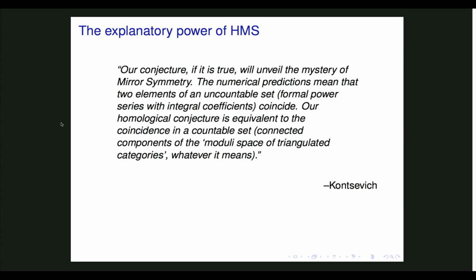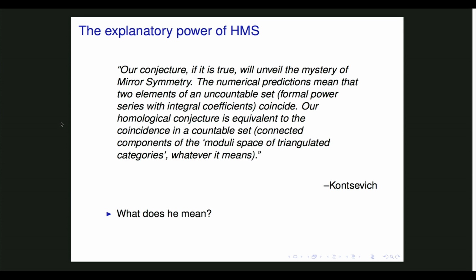First I had this quote from the paper where Kontsevich introduced homological mirror symmetry. He said, "Our conjecture, if it is true, will unveil the mystery of mirror symmetry. The numerical predictions mean 2 elements of an uncountable set coincide. Our homological conjecture is equivalent to coincidence in a countable set of connected components of the moduli space of triangulated categories, whatever it means."